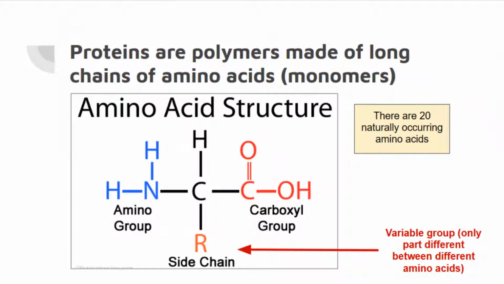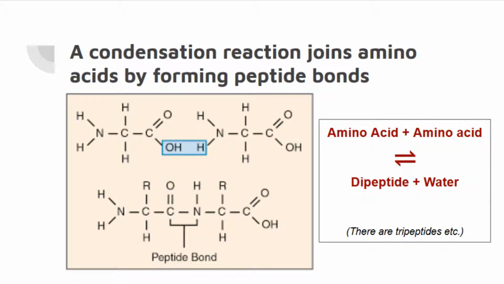Let's recap. Proteins have a variety of functions within all living organisms. Amino acids are the monomers from which proteins are made. Amino acids have a central carbon atom to which an amino group, a carboxyl group, a hydrogen atom, and a side chain, R group, are attached.